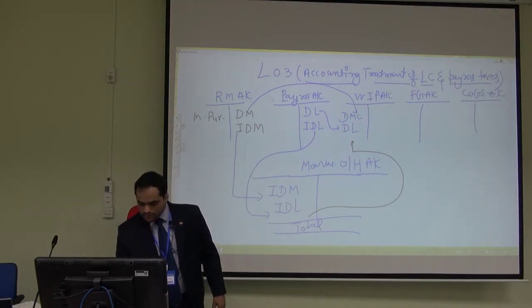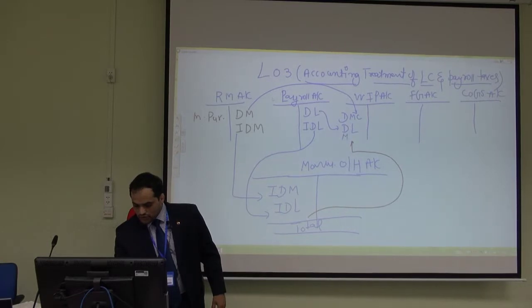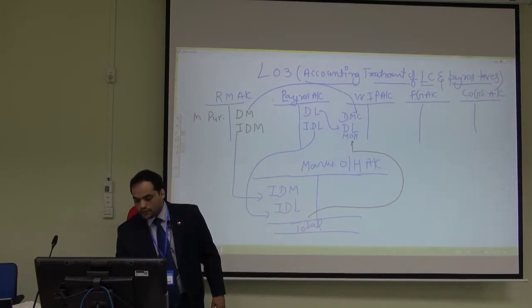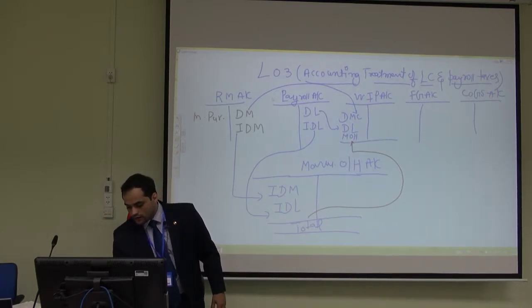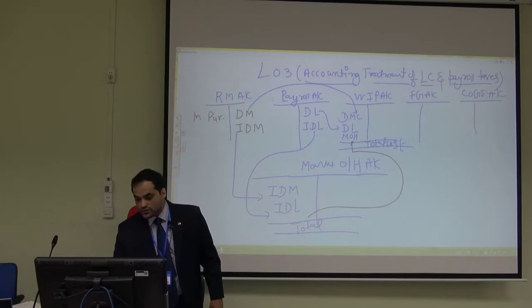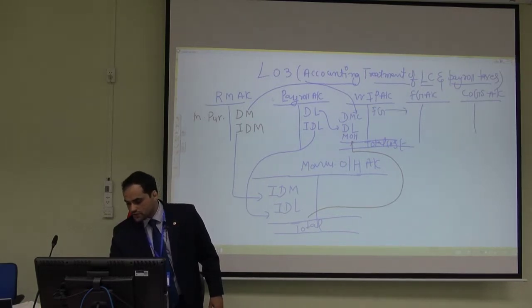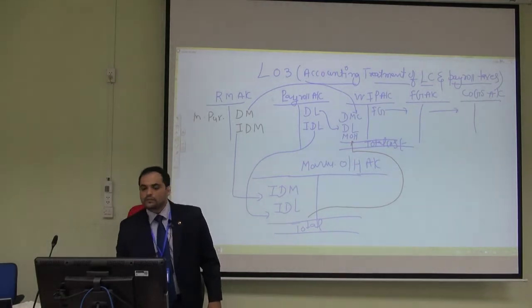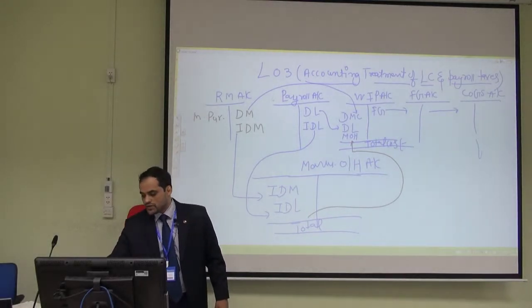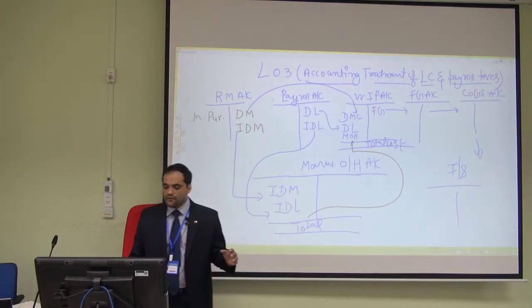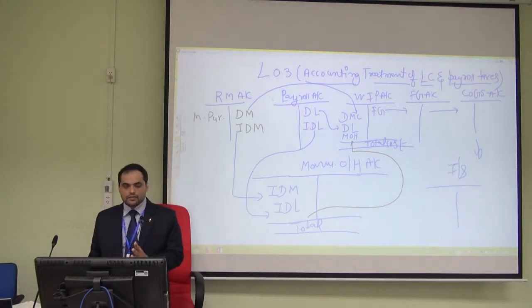This total will now transfer from manufacturing overhead, so we get the total cost here, and that will transfer to finished goods. Finished goods transfer to cost of goods sold, and cost of goods sold may be transferred to the income statement. That is the very basic thing.